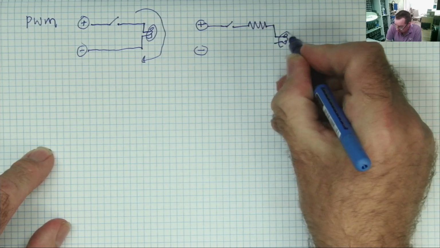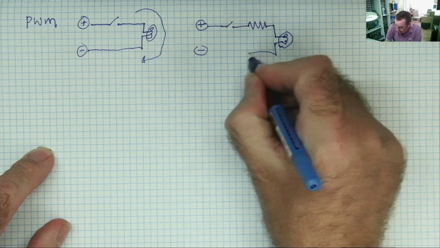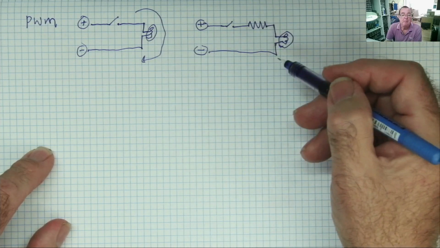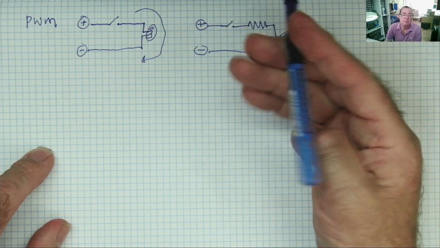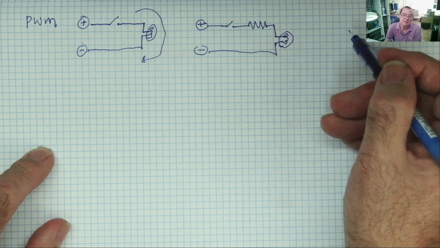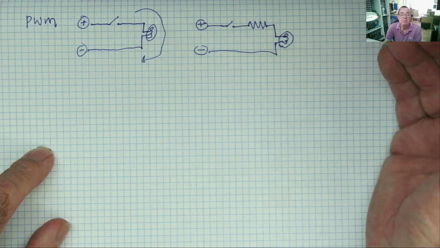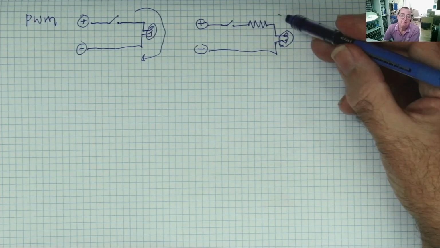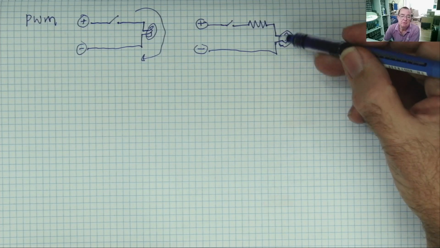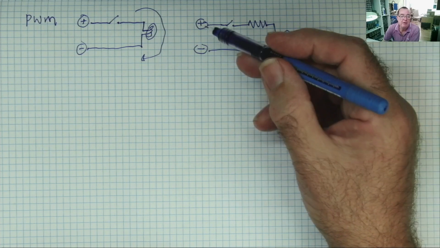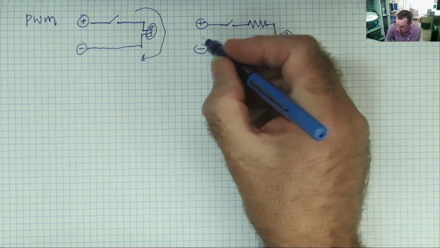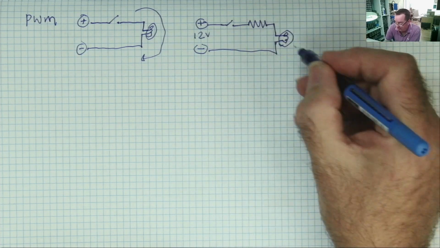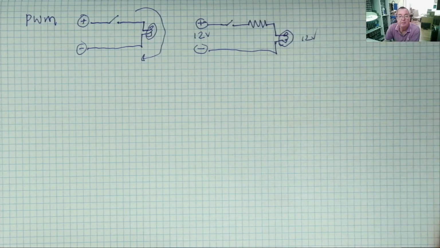Looks like a bit of broccoli, I know. When we close the switch now, the current passes via the resistor. And we know that a resistor resists the flow of current, so the voltage appearing across the light bulb will be a proportion of the supplied voltage. Let's say this is 12 volts and this is a 12 volt bulb.